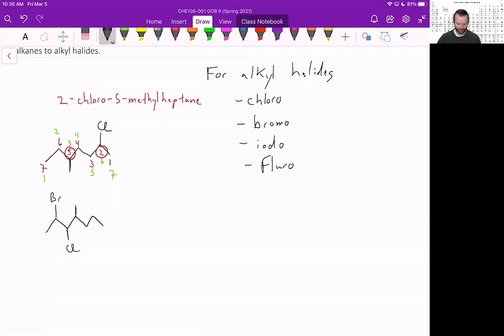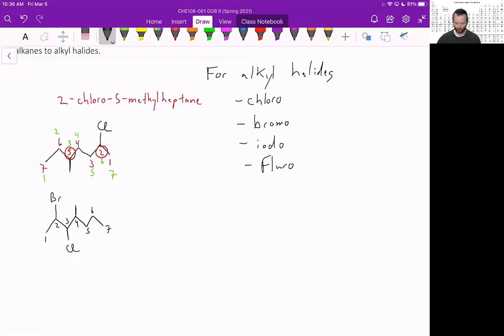This next example, you can see that there's more substituents to the left. So I'm going to number 1, 2, 3, 4, 5, 6, 7. Just going to go ahead and that's how it should be numbered.